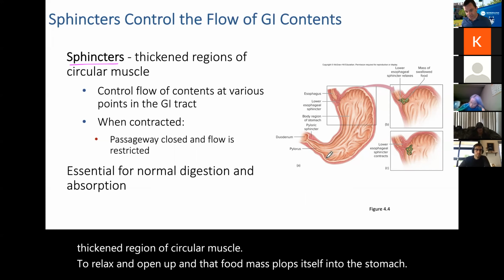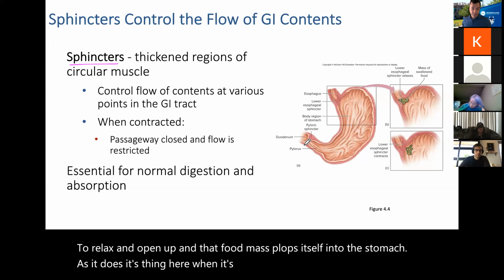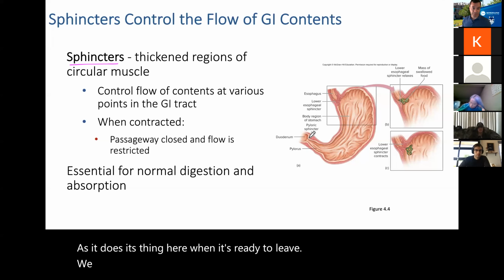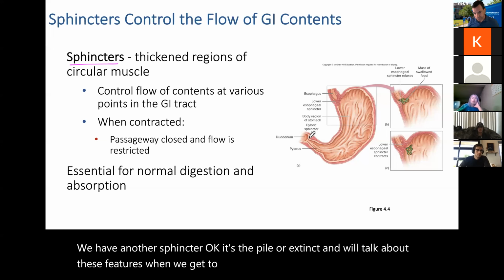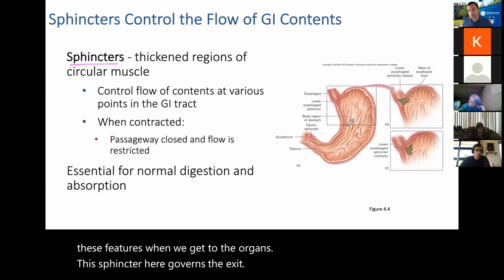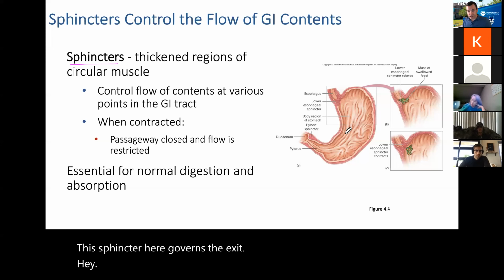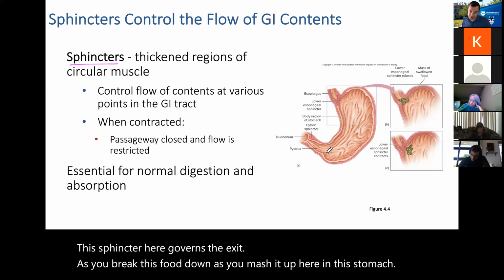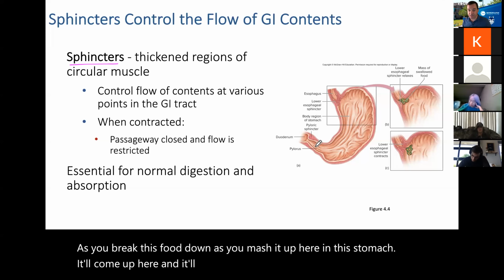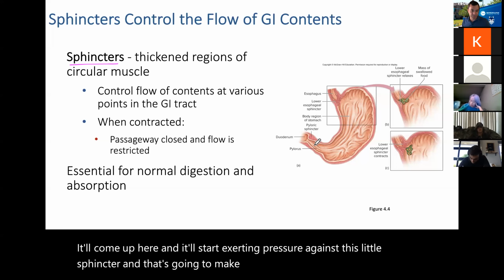And that food mass plops itself into the stomach. When it's ready to leave, we have another sphincter, the pyloric sphincter, and we'll talk about these sphincters when we get to the organs. This sphincter governs the exit. As you break this food down and mash it up in the stomach, it exerts pressure against this little sphincter, which makes it relax and open up.